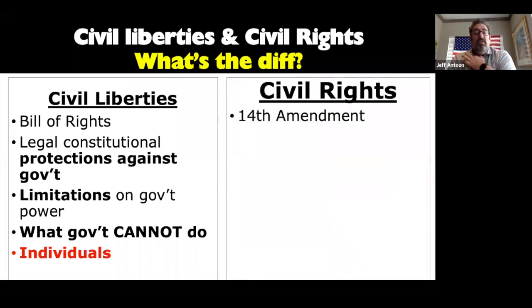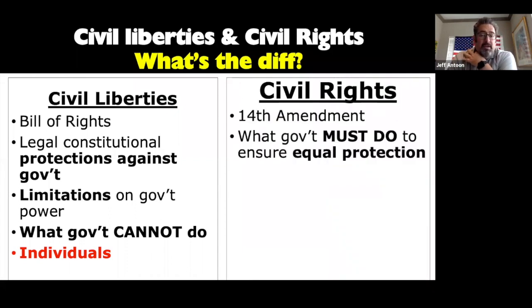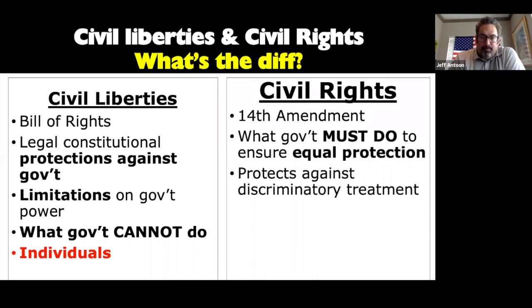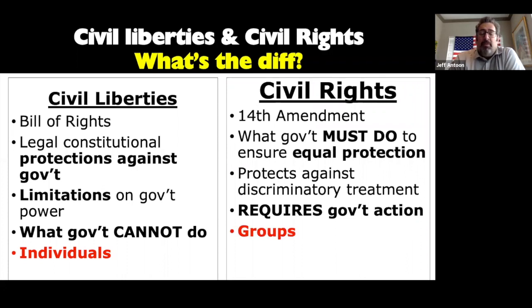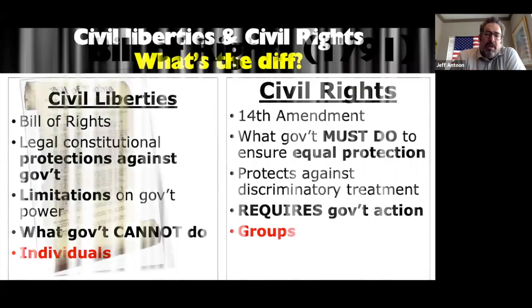So civil rights stems from the 14th Amendment from 1868. It's what the government must do to ensure equal protection, because that's the only place where the word equal is in the Constitution. It's protections against discriminatory treatment. It requires the government to act. And it's about groups of people. So really, if you can't get this in your head, just think civil liberties are individuals and groups are civil rights. That's kind of how you look at chapters 4 and 5.